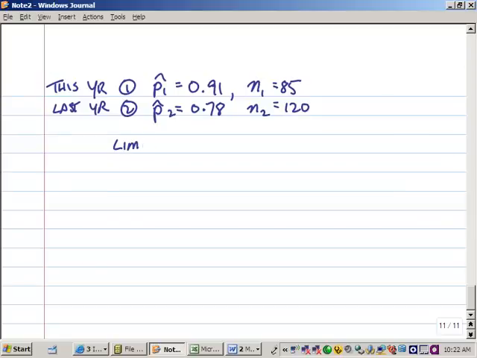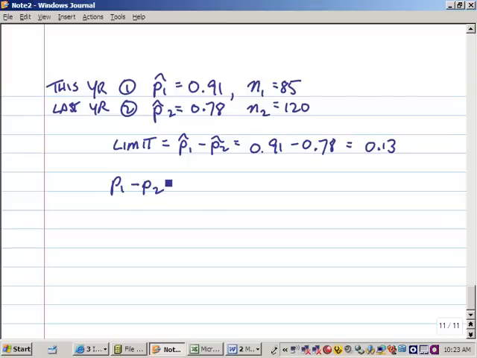So our limit is P1 hat minus P2 hat. It's 0.91 minus 0.78. What's that? 0.13, a 13% increase.